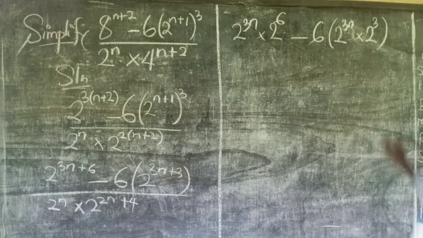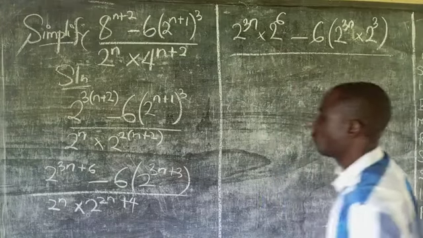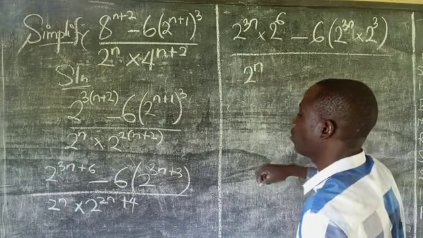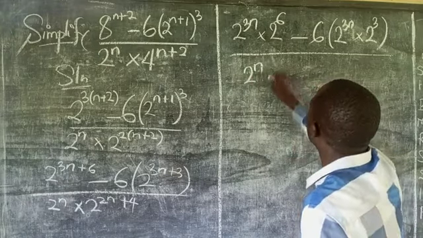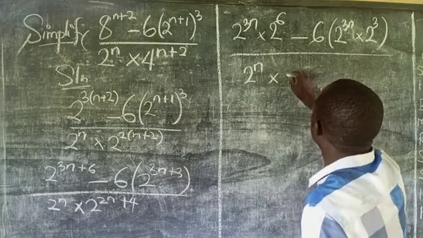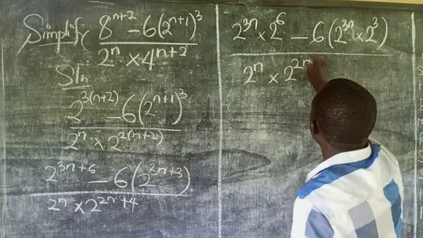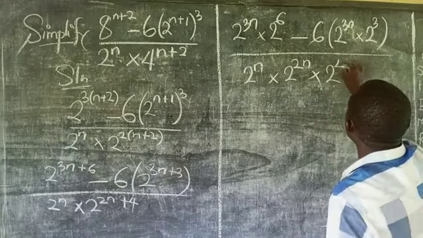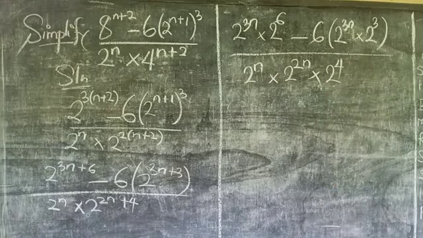Yes, very correct. And from here, it's already opened up: times 2 raised to power 2n times 2 raised to the power 4. That is very correct also.